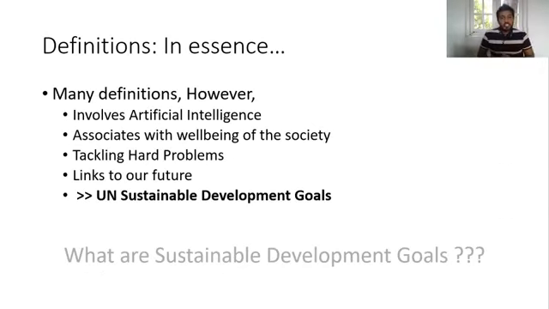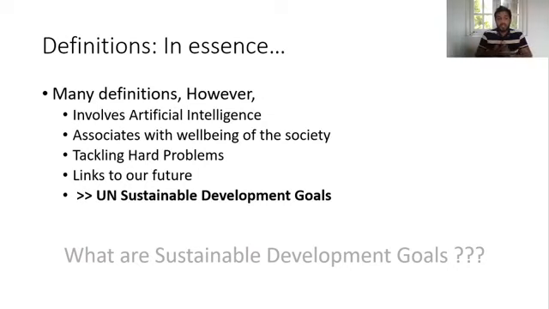More or less, all of them involve artificial intelligence, of course, since we are talking about artificial intelligence for social good. It associates with the well-being of society. There's also something about tackling hard problems, because for easy problems we've already established a lot of ways to deal with them, and we are currently using AI to tackle the hard problems.